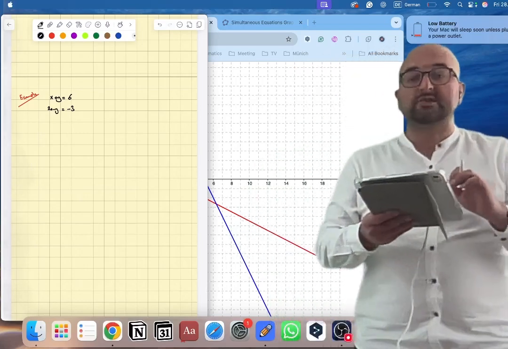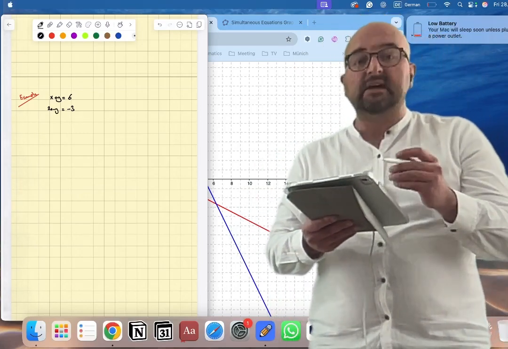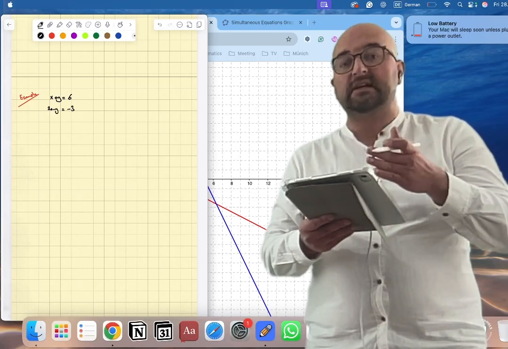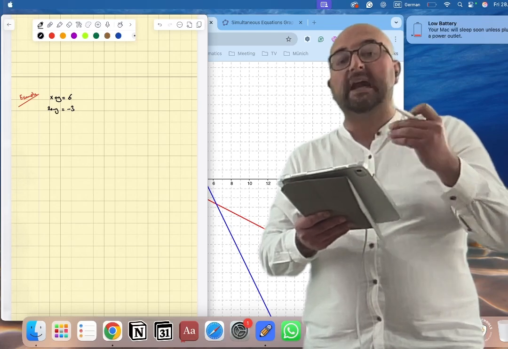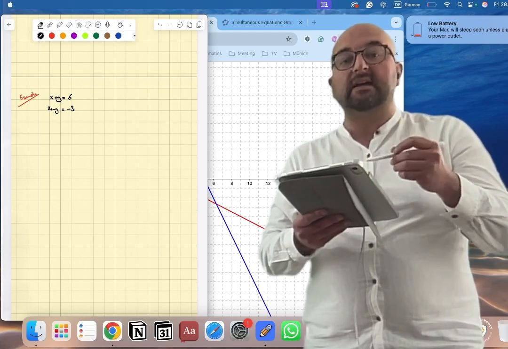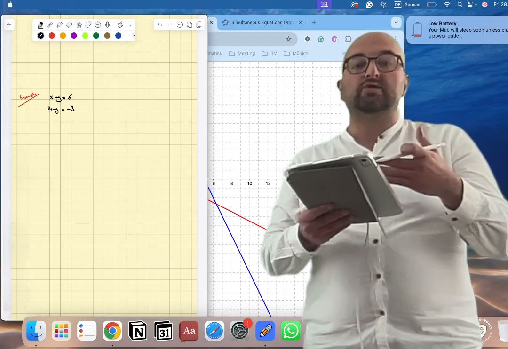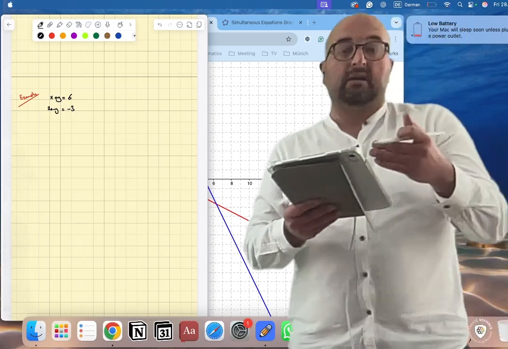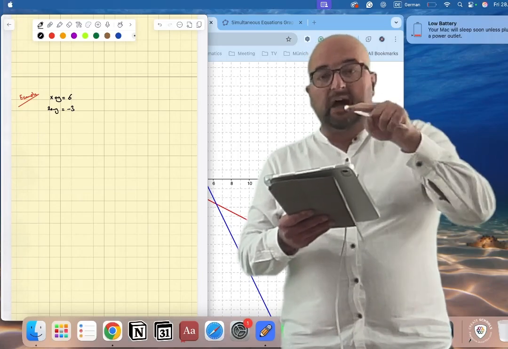I would like to give this question to you as homework. Please try to solve these equations simultaneously by using graphical methods, but you can use any method. Please remember you have three methods. The first one is to fill out a table.